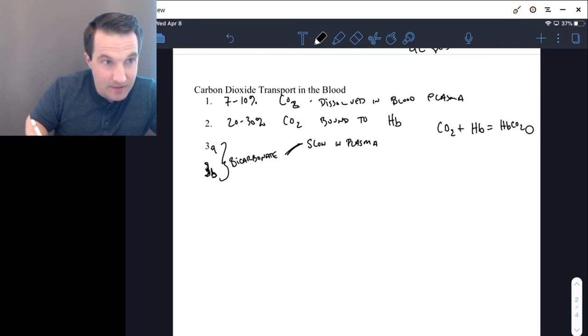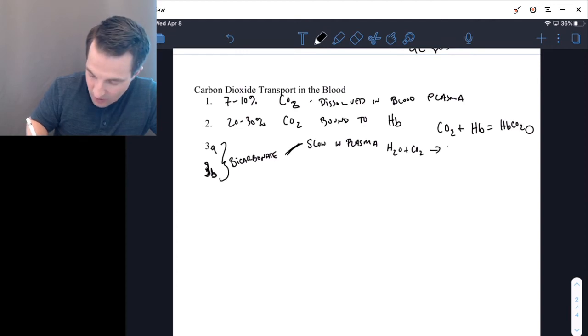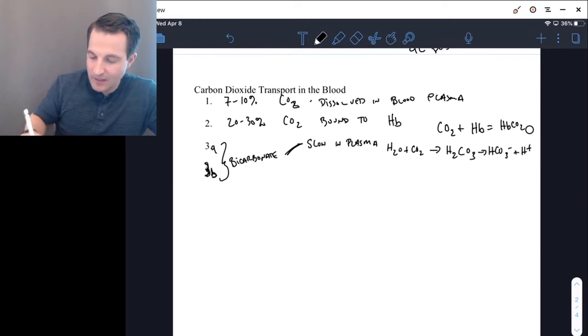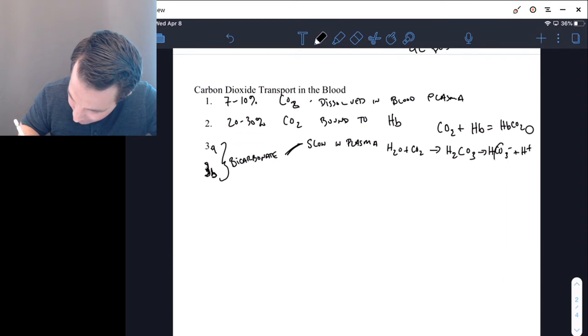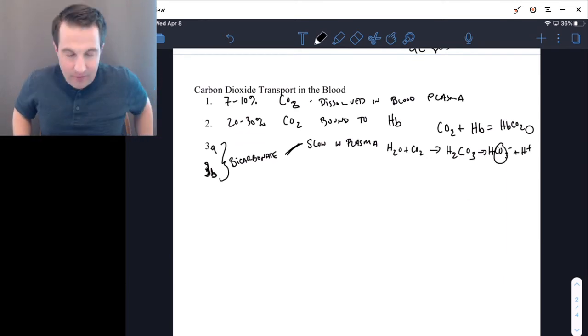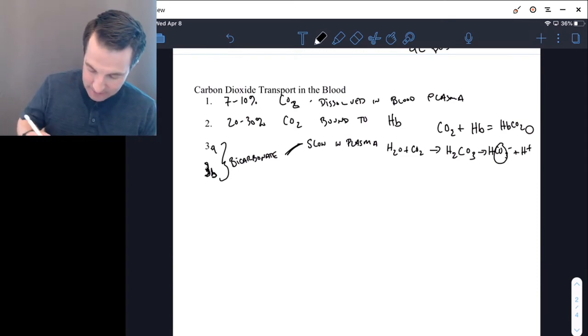That's going to be our H2O plus CO2 is going to yield our H2CO3, which will then break down into HCO3 minus plus our hydrogen ion right there. And so you can see that we have our CO2 bound now as part of bicarbonate right in there. Fantastic.